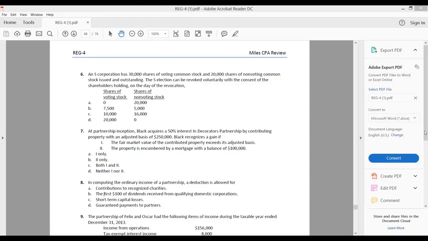He's acquiring 50% interest, contributing a property with a basis of $250,000. And if the property had a mortgage of $100,000, would there be a taxable transaction? Avni, Deepika, anybody have answers?